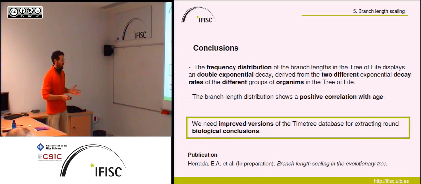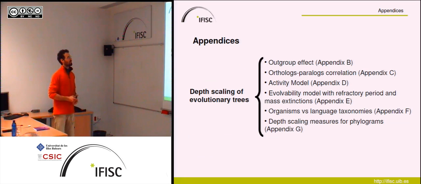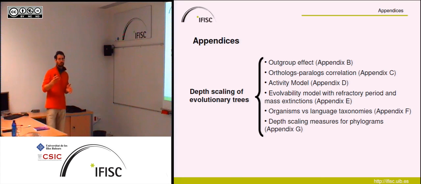But we recognize that we need an improved version of the TimeTree database for extracting solid biological conclusions. The results that I presented here, due to time constraints, focused on the results presented in the main chapters of the thesis.